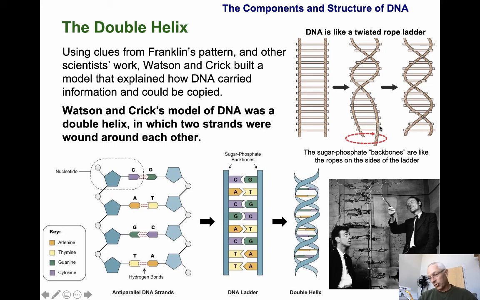And Watson and Crick were able to determine that by looking at the models that they were building and by looking at the X-ray diffraction pictures that Rosalind Franklin had taken. And they knew that A is the same as T and G is the same as C, ratios that Chargaff had reported, matched up with what they were seeing when they built their models. And we'll look at that in a second too.